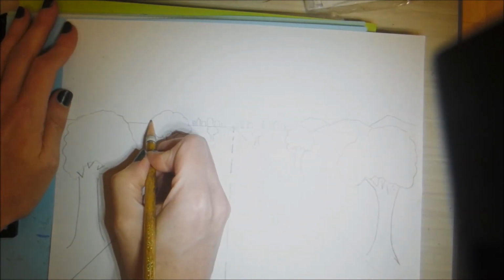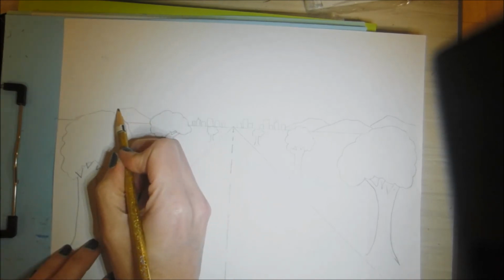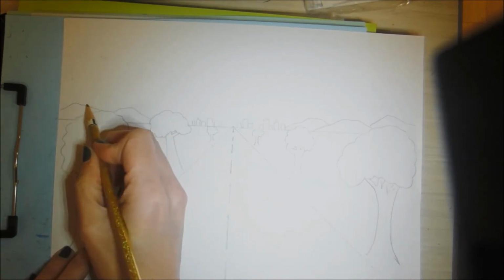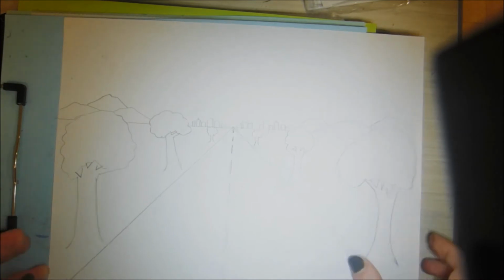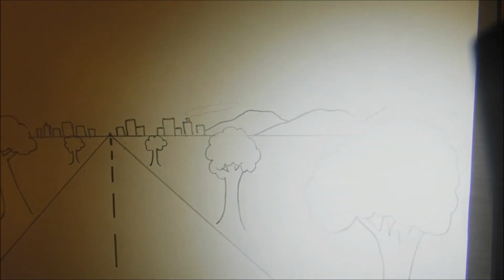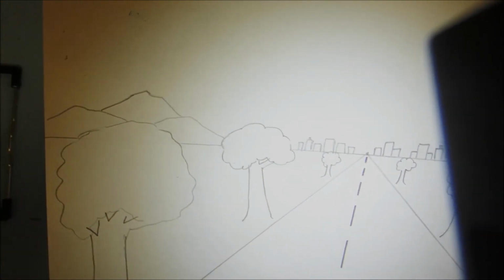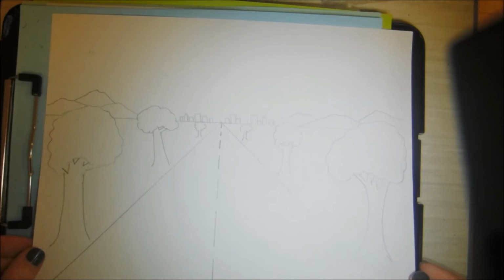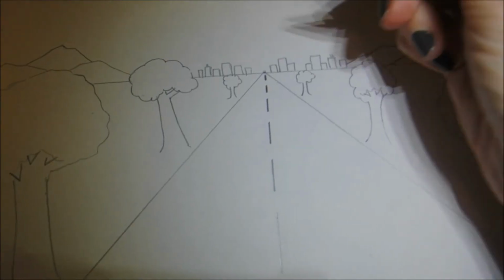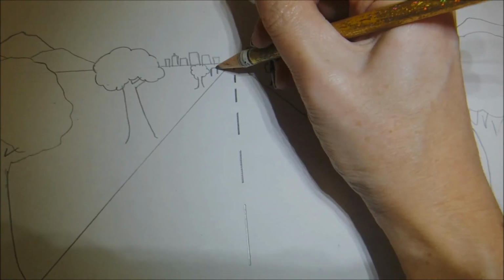And the mountains are going to go behind the tree, not in front of it. And the same thing when you make your buildings. Buildings along the street are going to be small.